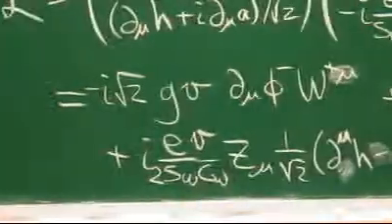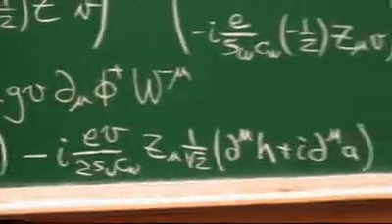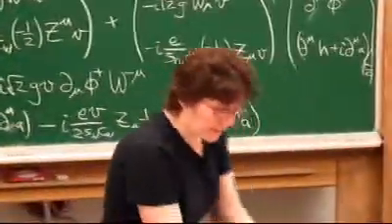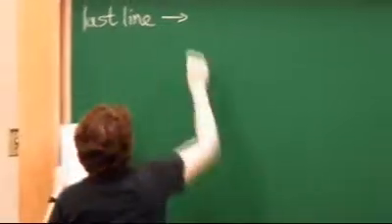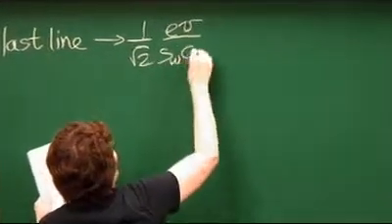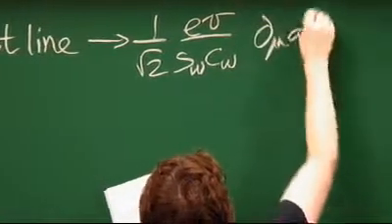Okay, so when you add those two terms together in the lowest line, the h pieces cancel, the a pieces add. So the h disappears from this interaction, and all you have left is an interaction involving the pseudoscalar. So this last line becomes just a 1 over root 2 EV over SWCW, sine and cosine of the Weinberg angle, d mu a Z mu.